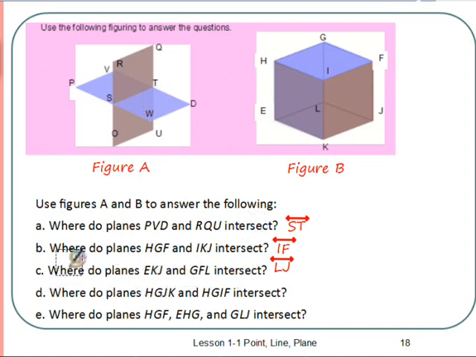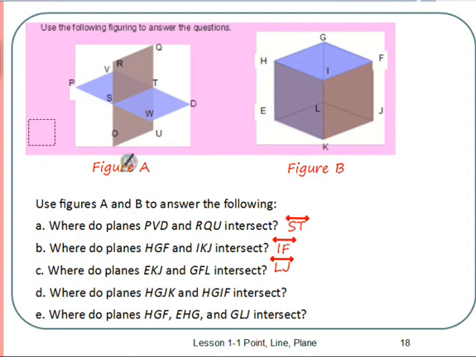So the pattern that we want to pick up on right here is, where do planes HGJK, so that's this HGJK right here, this diagonal one, and HGIF intersect?